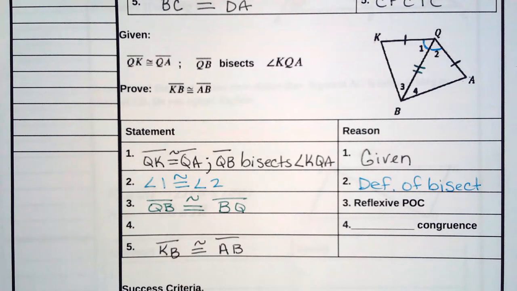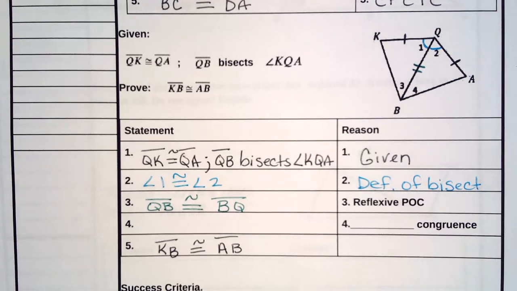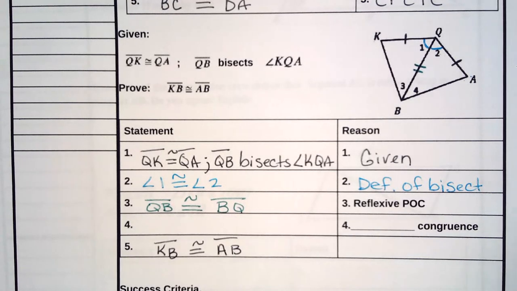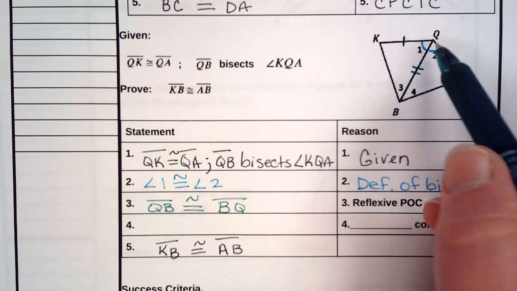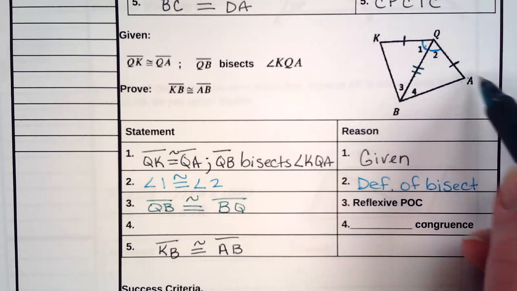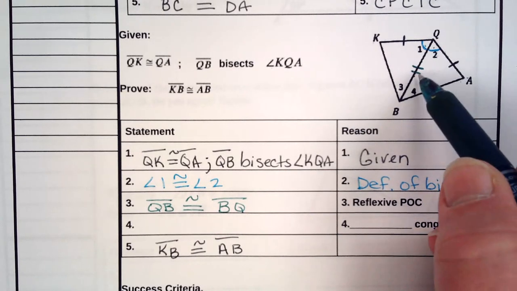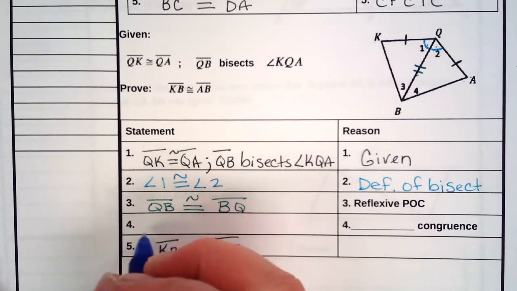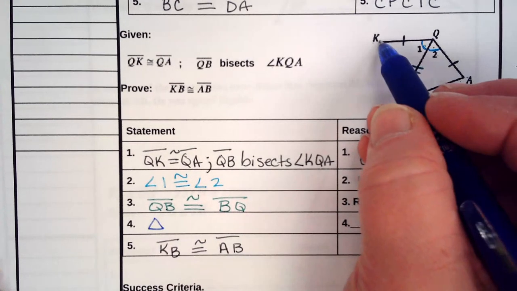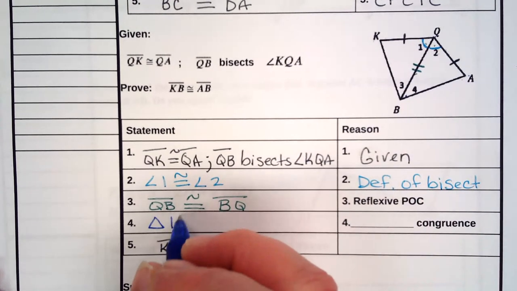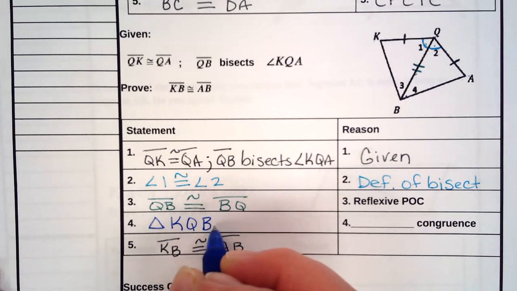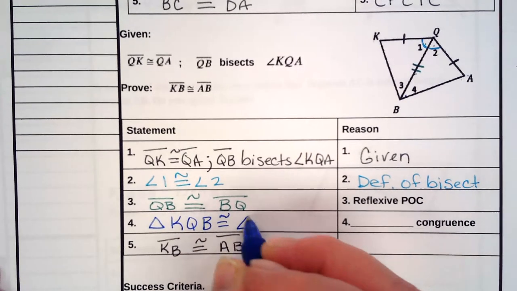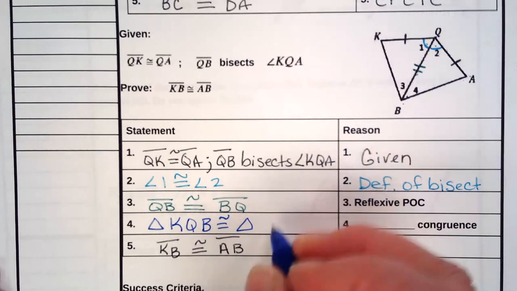Now, it says that we've got a triangle congruency here. What is it? Look at the picture and read it from one to the next to the next. So if I start here, this is side, angle, side. Now, which two triangles are congruent? If I go KQB, will be congruent to triangle AQB.